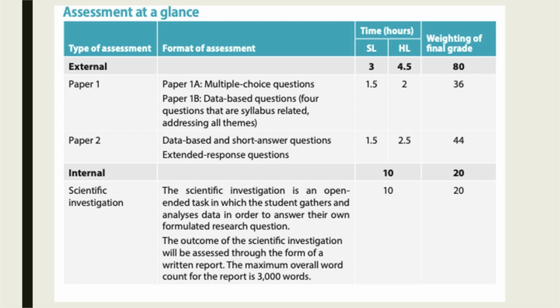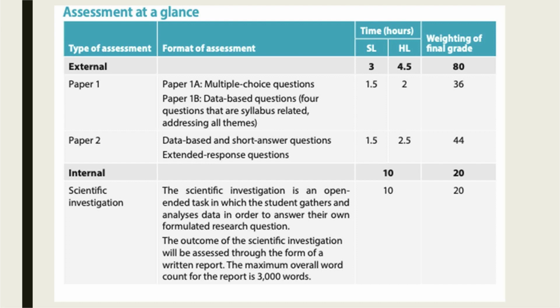So when it comes to the assessment, this is good news for you. There's not going to be paper 3, because there are not going to be optional topics as well. So those of you who are going to take the exam in May 2025, you are free from paper 3 because it's already removed and you don't have the optional topics. In paper 1, paper 1A is multiple choice questions, and paper 1B is data-based questions.